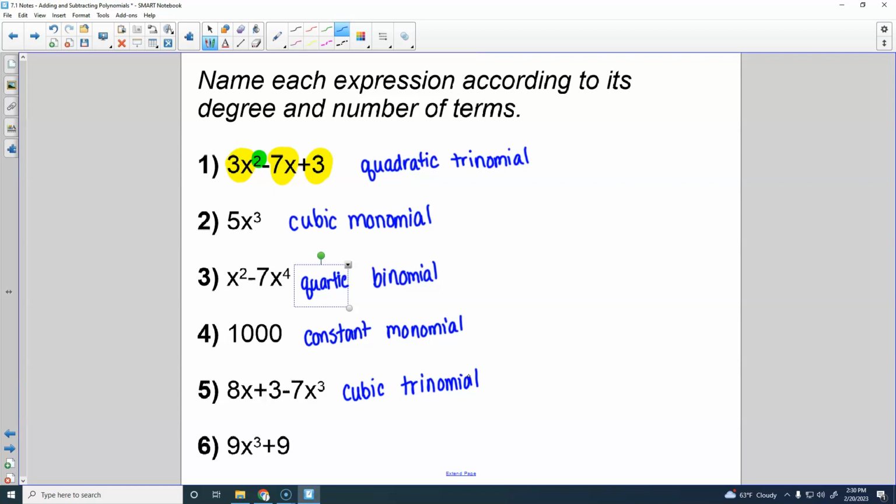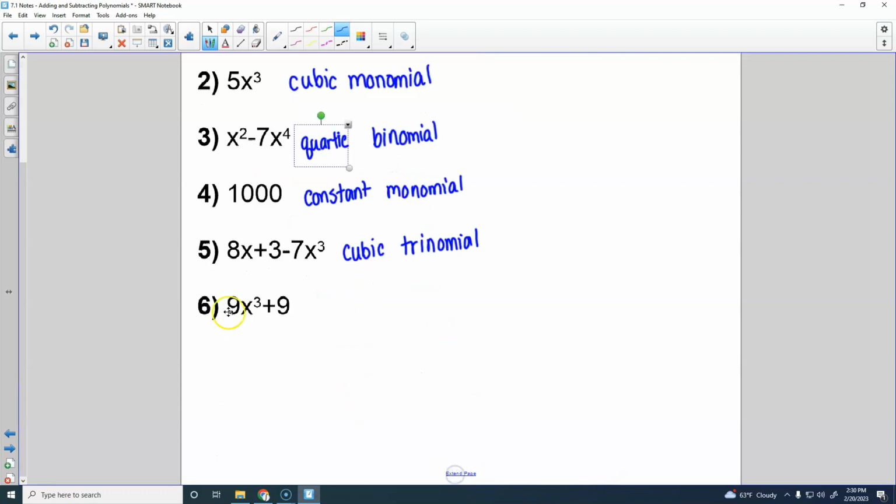Okay, for the degree, we're looking at the highest exponent. For number 6, what's the highest exponent that you see? 3. So 3 is going to be cubic. And then we think about how many terms it has.